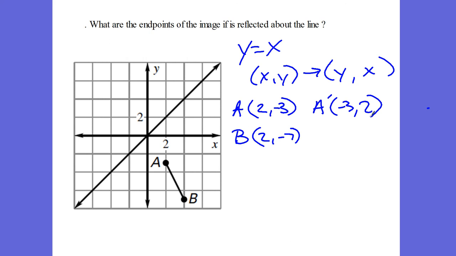Everyone just like fall asleep right there on that one? Okay, Josue, you get this one. You ready, B prime? B is there, the rule is there, just tell me the answer.